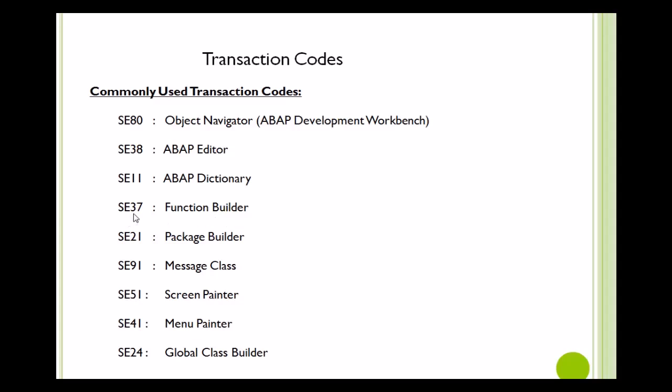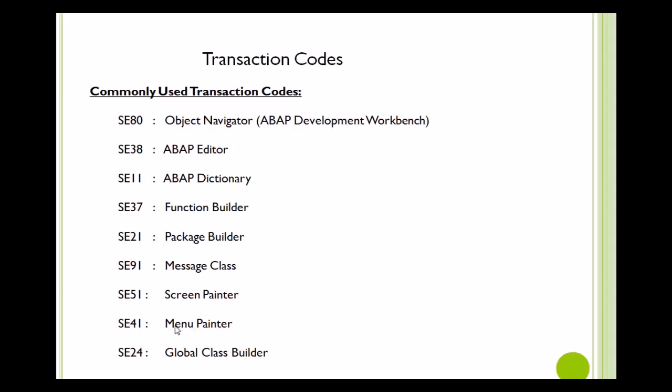For function modules, SE37 is the T-code to create function modules. SE21 is the package builder, to create your own packages. Any message class you can create in SE91. There is a screen painter, which we use to design screens. A menu painter, where you can create menu options and menu bars.